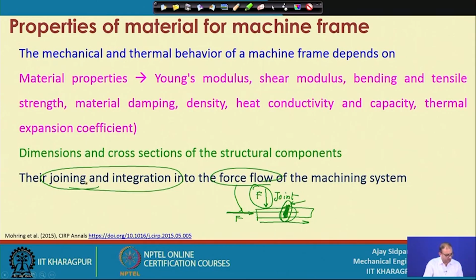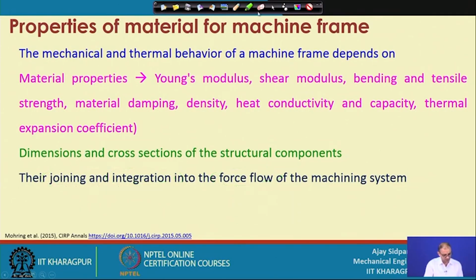So, you have to find out the location of the joint and in which direction you have to integrate. You have to find out the different types of force flow. When you do machining, what types of forces occur: thrust force, bending force, and because of vibration, in which direction vibration will propagate. Depending on that, you have to provide the joining and integration of the different components.